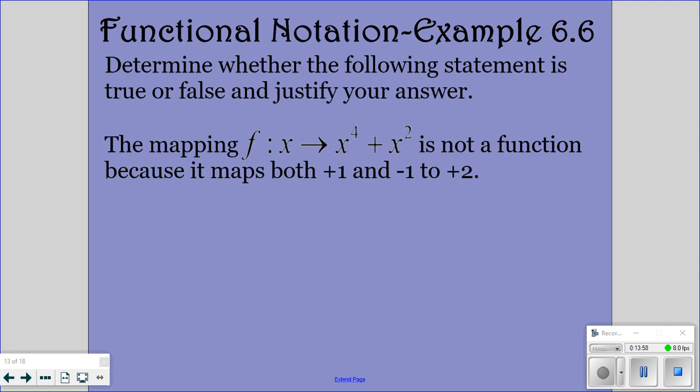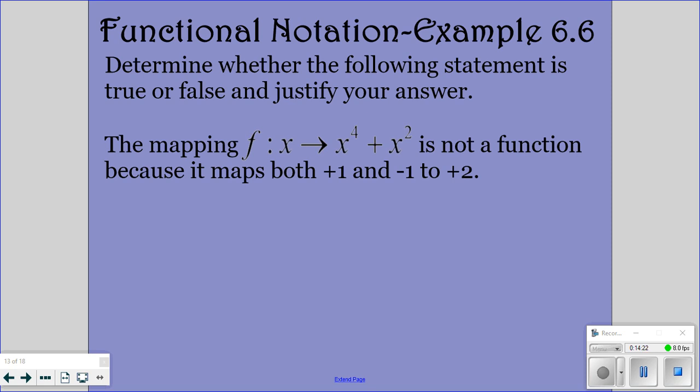All right, so now looking here, determine whether the following statement is true or false, and then justify it. So it says the mapping, taking our function in terms of x, and the equation would be x to the 4th plus x squared, is not a function because it maps both +1 and -1 to +2.